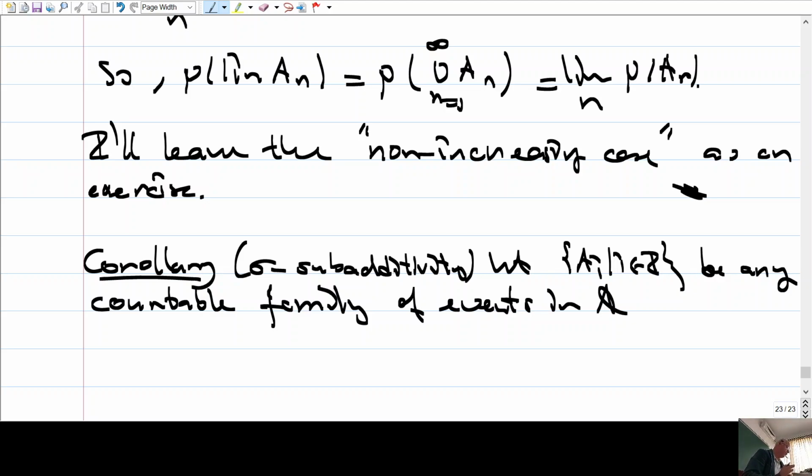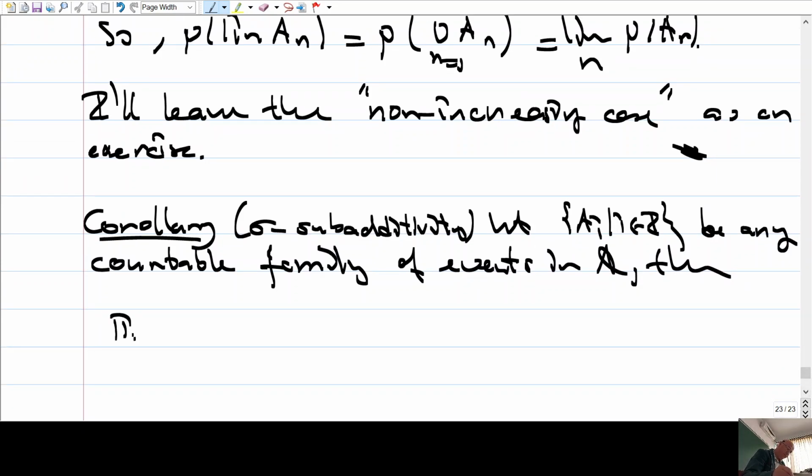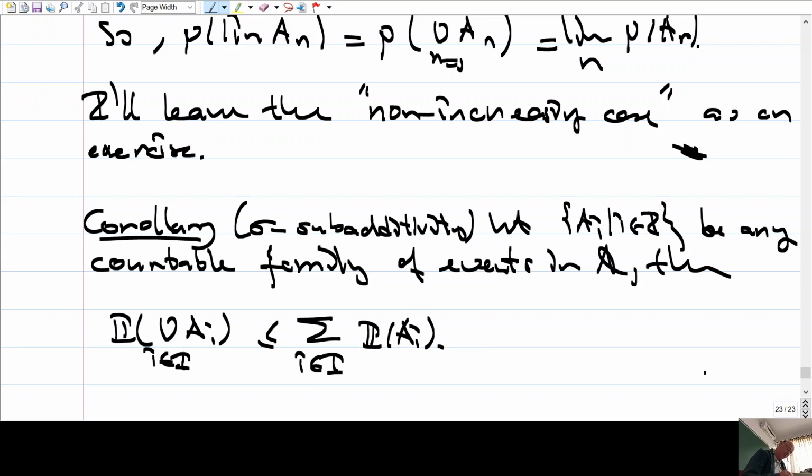Just any family of countable events, then the probability of the union is less than or equal to the sum of the probabilities.